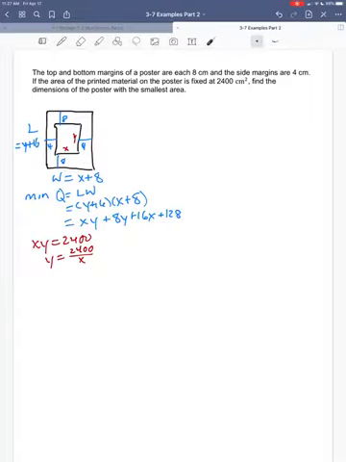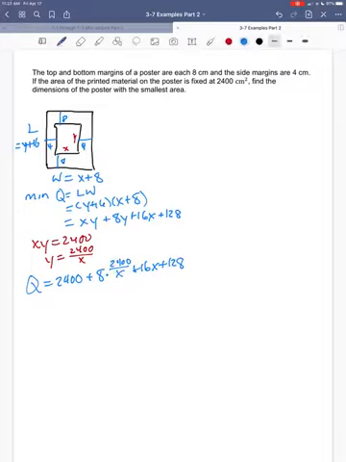And now I can substitute this information into this equation. Since this starts with xy, I sort of have a shortcut here. I've written down xy is 2,400, so I can just make that substitution. So my function Q now: xy is just 2,400. 8 times y would be 19,200 over x, plus 16x plus 128. I'll put the constants together and rewrite this fraction with the x as a negative exponent.